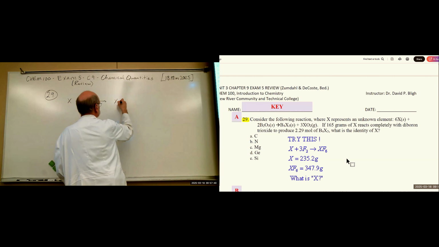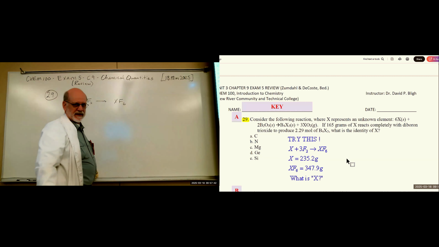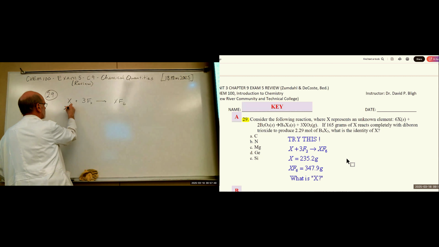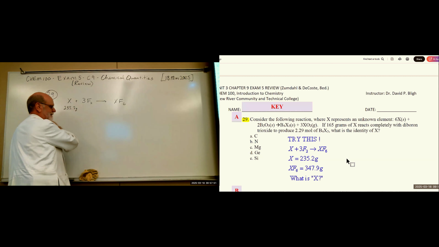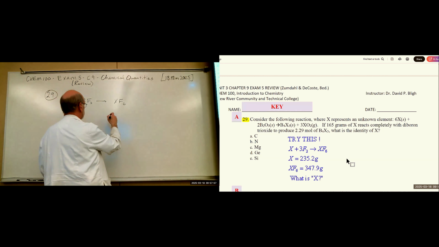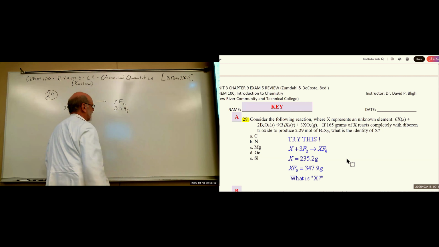XF6. Okay. We're given 235.2 grams of X. And XF6 is 347.9 grams.